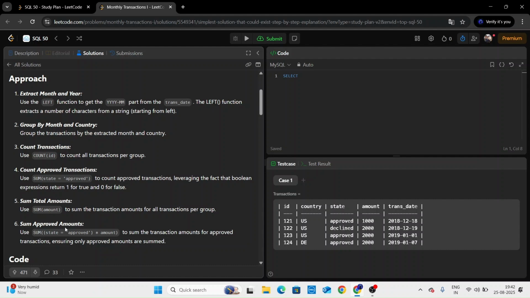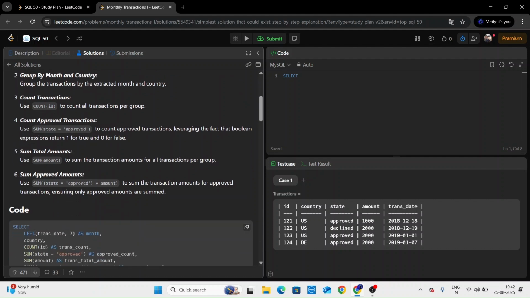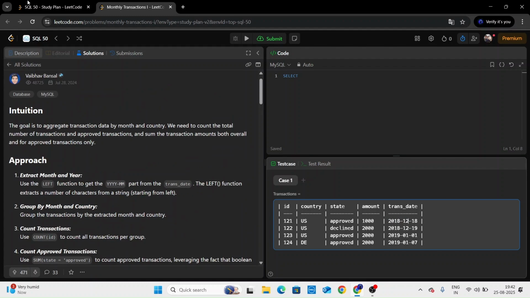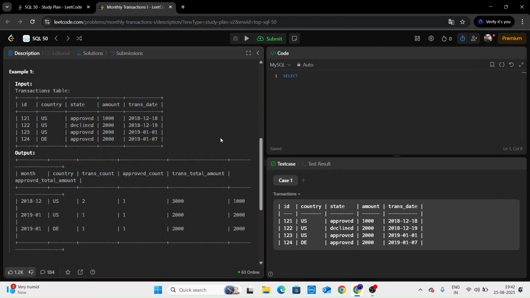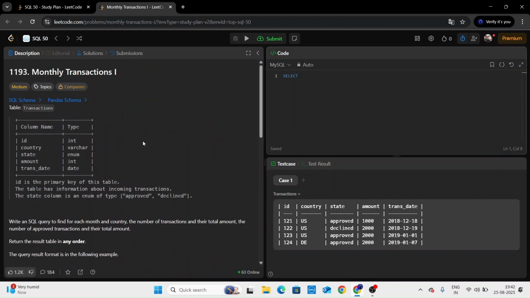Okay, let's just view the left function syntax. Okay, that's it. Like I said, for the transaction date, we need to count the number of characters. So it is basically 7 characters to only get the year and the month. Okay, we will try to solve it by ourselves.